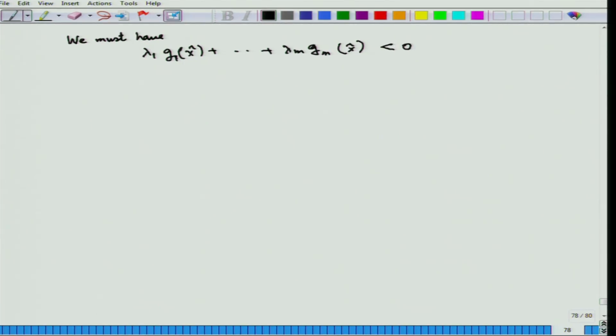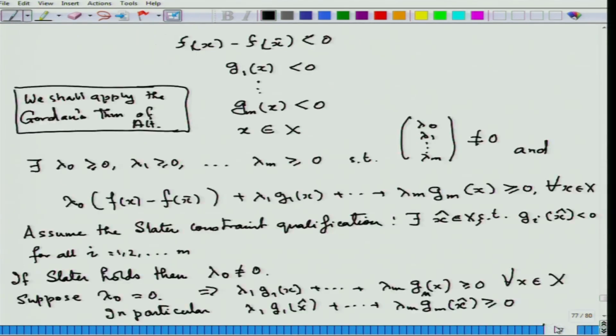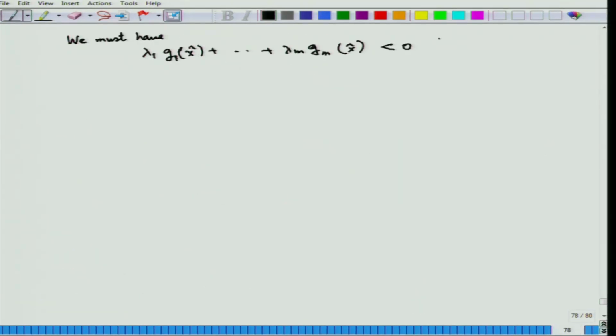So, this contradicts this one. So, finally, we have a contradiction. So, lambda naught is not equal to 0.